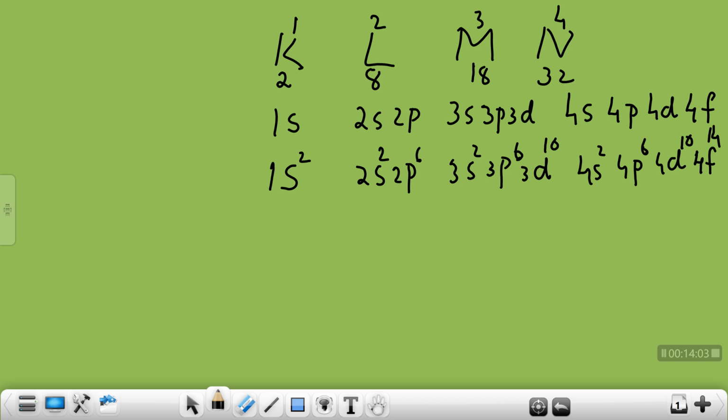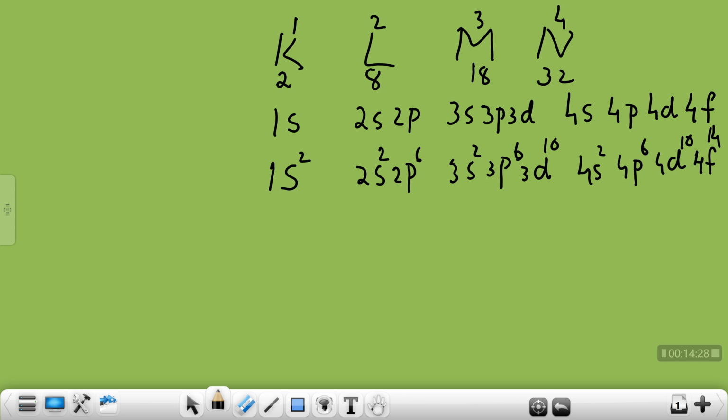And look here, K shell is 1s2, L shell is 2s2, 2p6. And M shell is 3s2, 3p6, 3d10. And N shell is 4s2, 4p6, 4d10, 4f14.